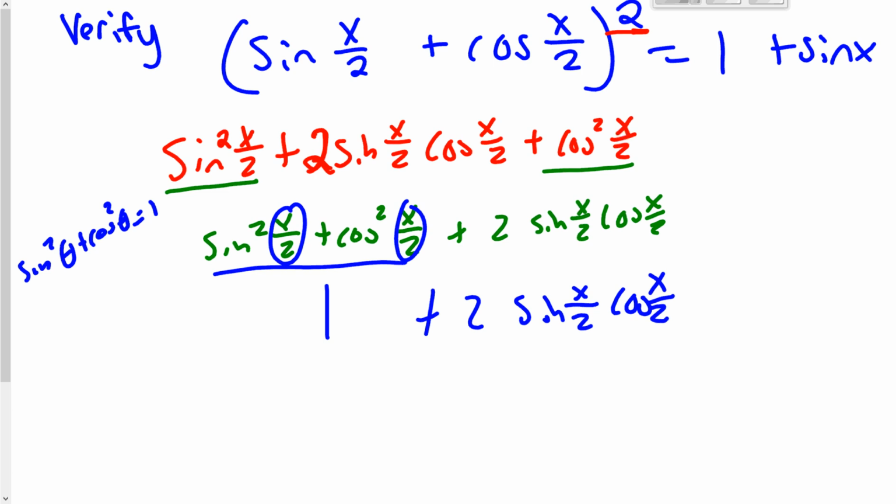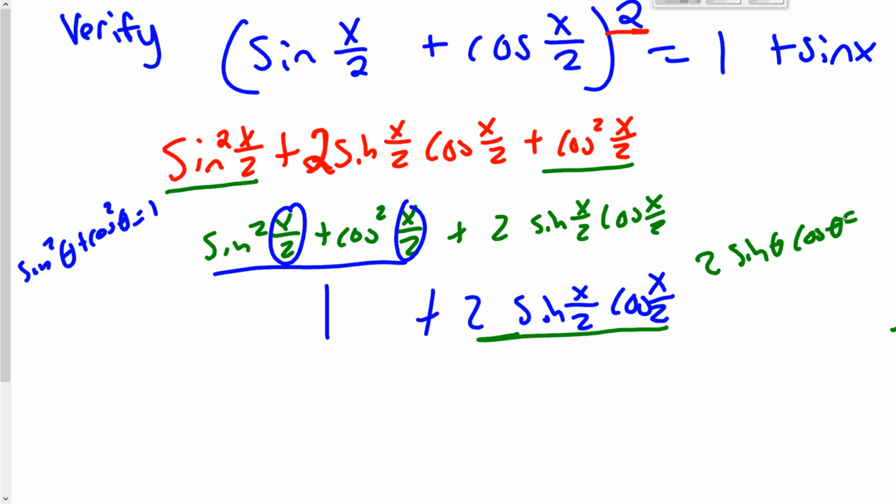Okay. And then we can look at our identities and notice that, hey, 1 plus 2 times sine of an angle times cosine of an angle. Oops, let me rewrite this. So this part right here looks like 2 times sine of an angle times cosine of an angle.